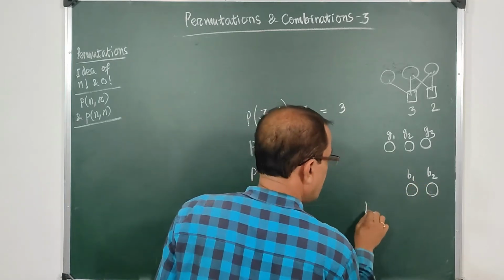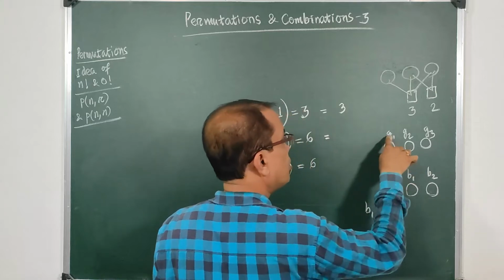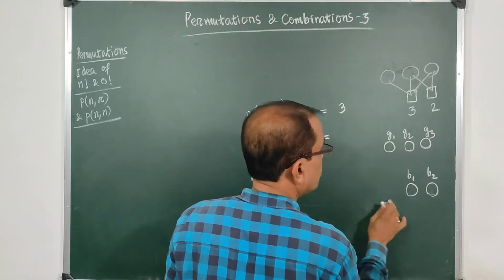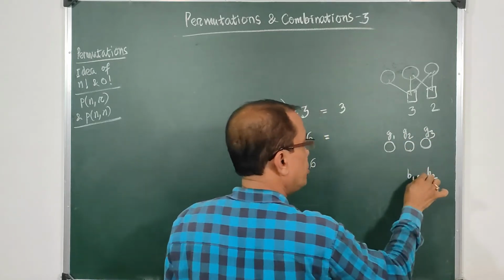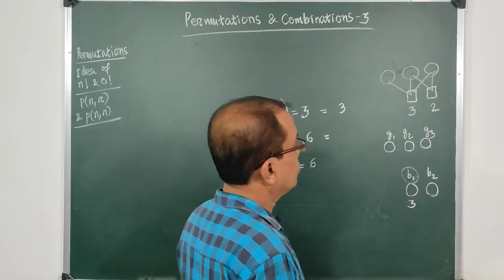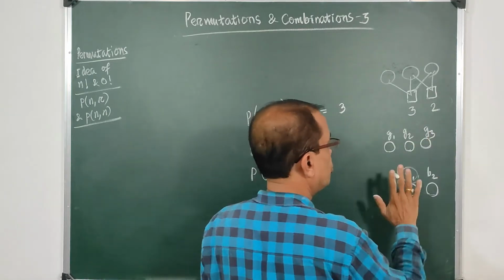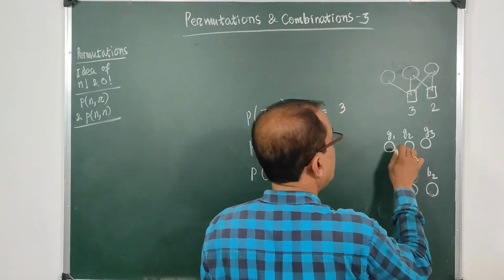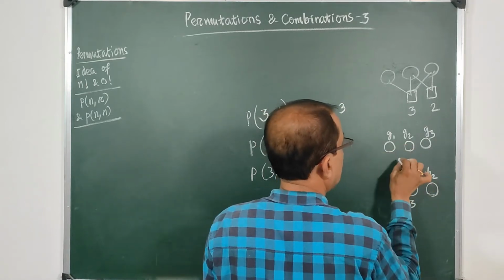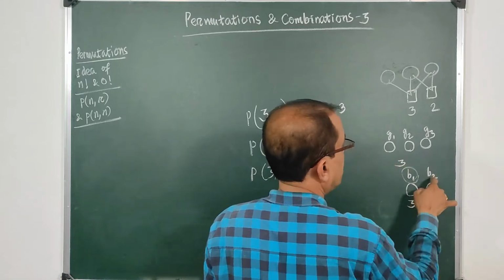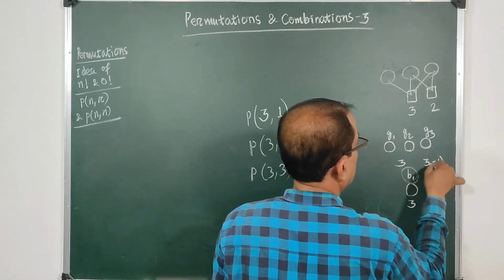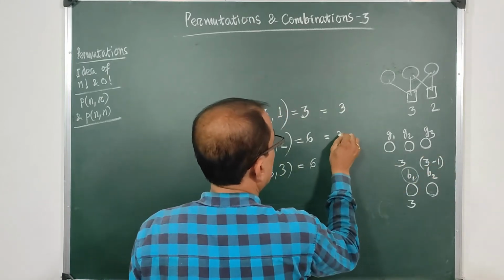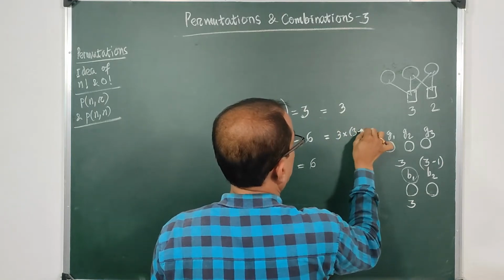So B1 can be chosen by anyone out of these 3 in 3 ways. After B1 is chosen, the choices left for the second boy will be 3 minus 1. So the first one has 3 choices, the second one has 3 minus 1 choices. So we can write this as 3 into (3 minus 1).